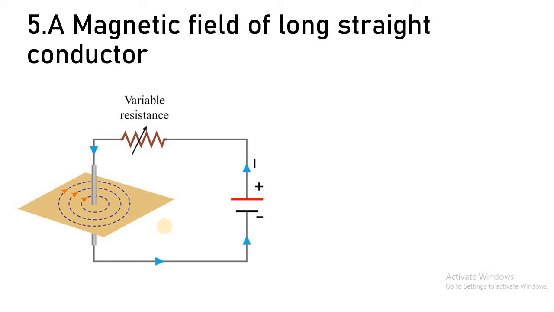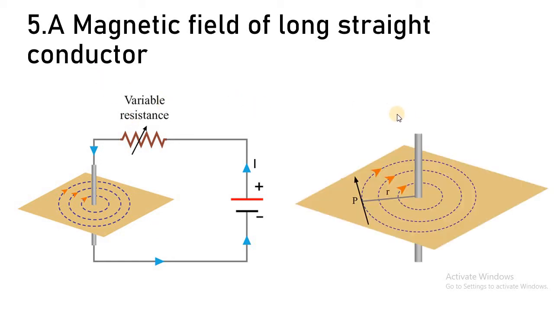Now we want to find out the magnetic field strength for this particular experiment. So to find out the magnetic field strength, we have to consider one particular point, say point P. Now P point is lying on which circle? That is the outermost circle.